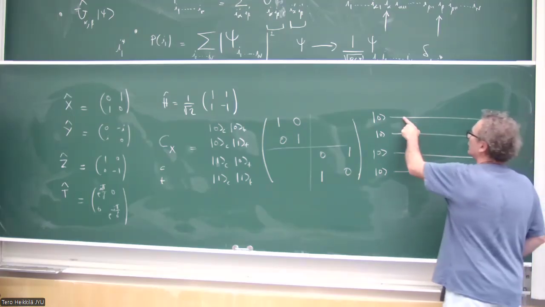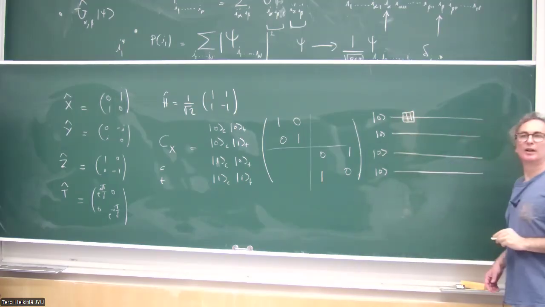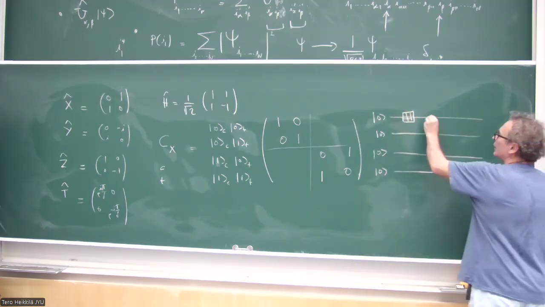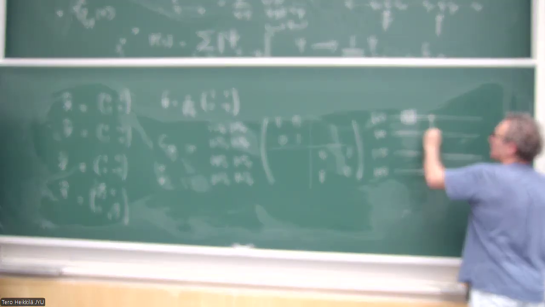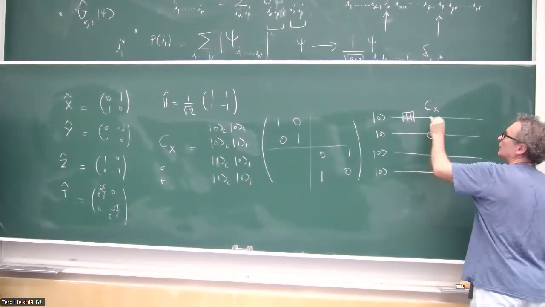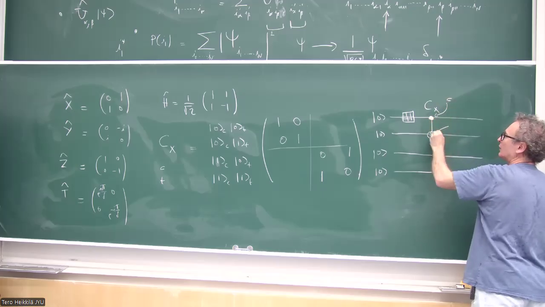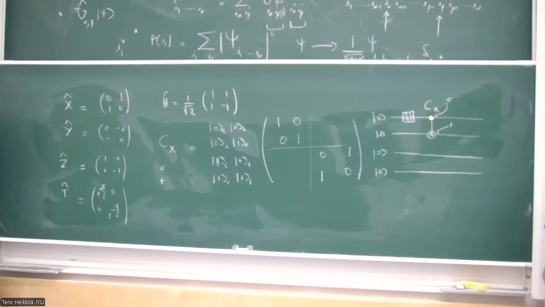For instance, you can apply the Hadamard gate on this one. Then you can apply a 2-qubit gate. So this is control NOT. This is the control qubit with the black circle, and this is the target qubit with a cross.